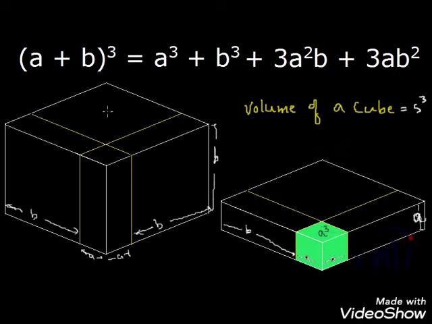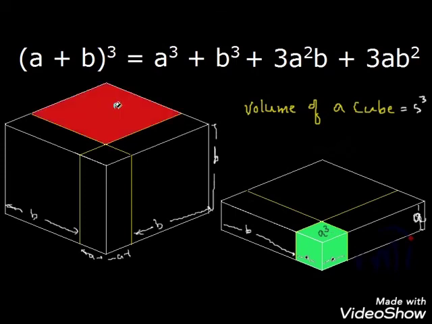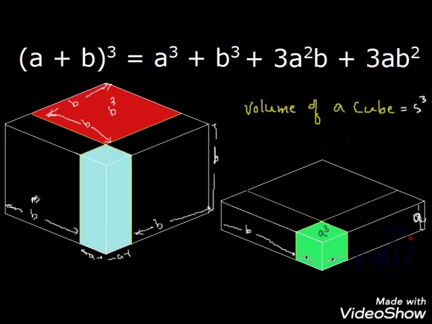And now if I talk about this bigger cuboid, it has a height equal to B and this face is also B by B, right? Its volume will be B multiplied by B multiplied by B, that is B cube, right? Yes.